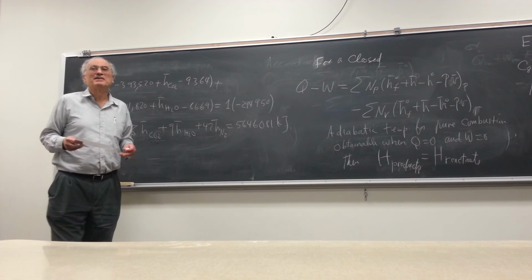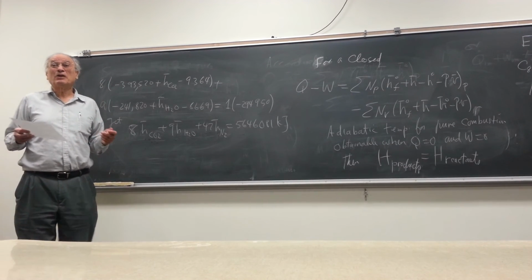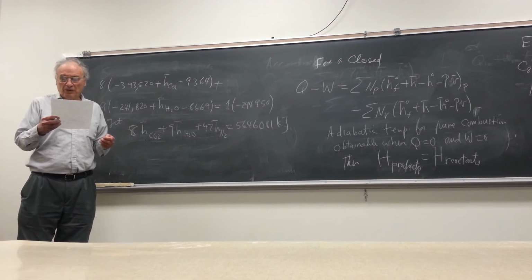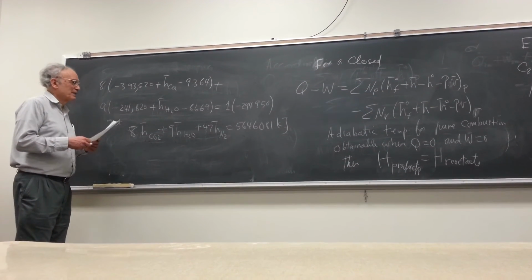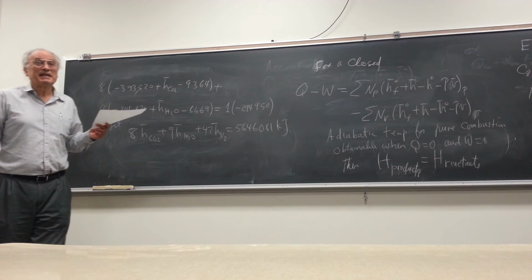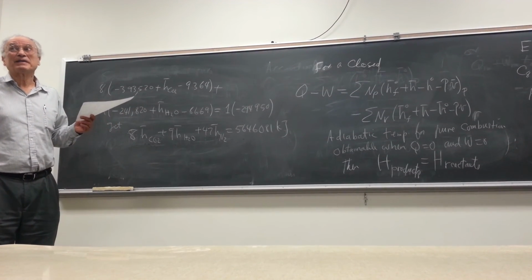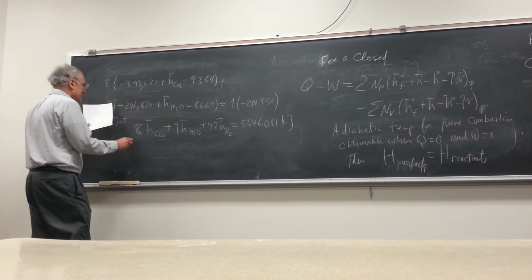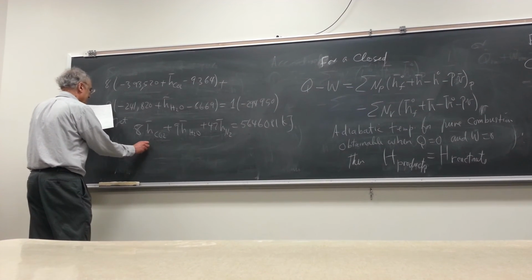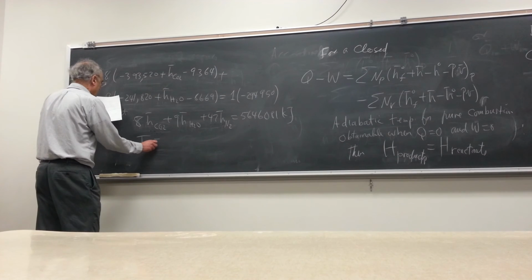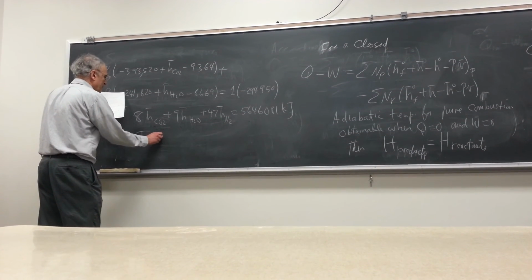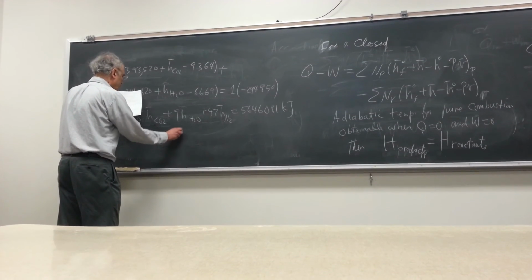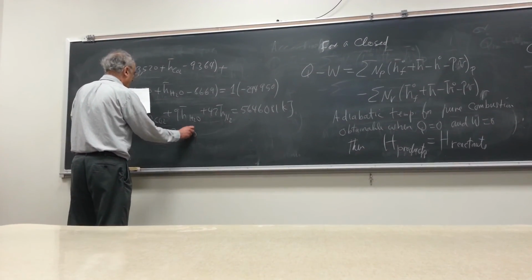If you get a lower value, then raise your temperature. So you have to play a game to get the right value. The final result is T approximately equal to 2395 K.